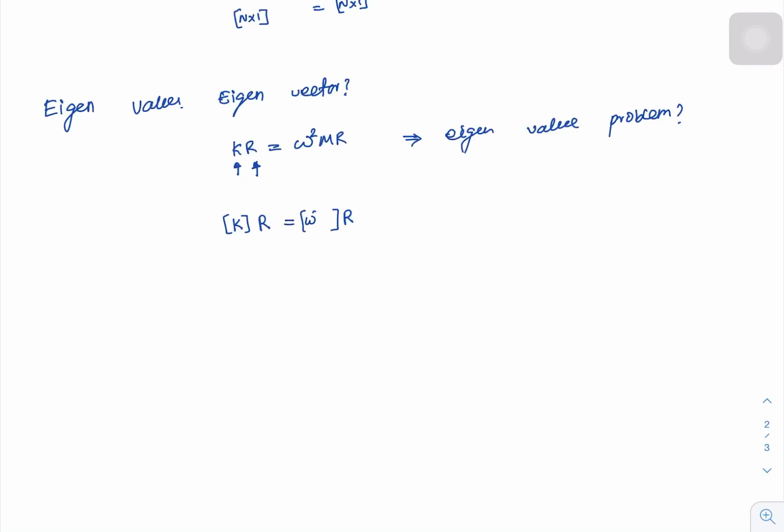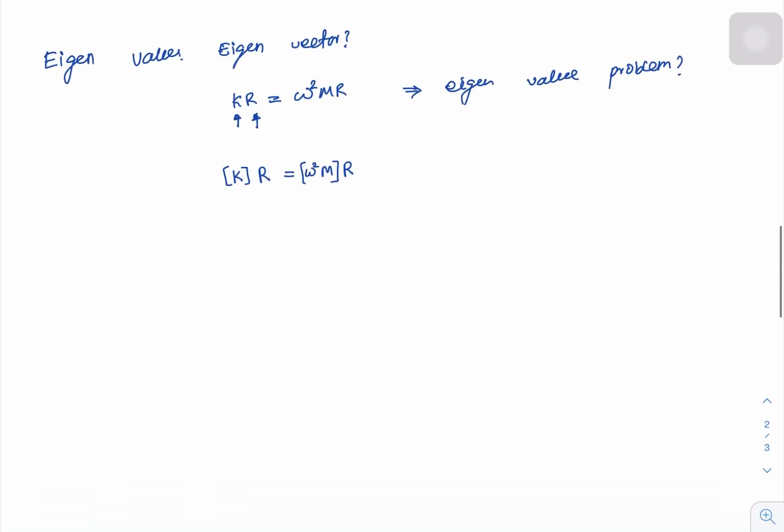Yeah, sorry, I will state again. Let's say x is my eigenvector. If I multiply it with a matrix A, and I get some alpha times the same vector, then this kind of problem is called an eigenvalue problem.